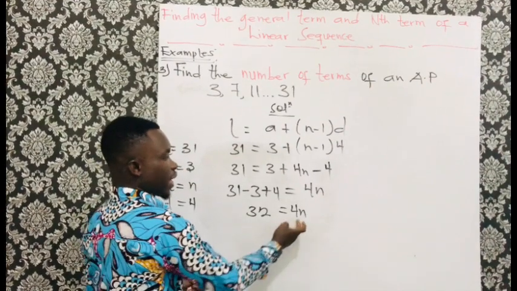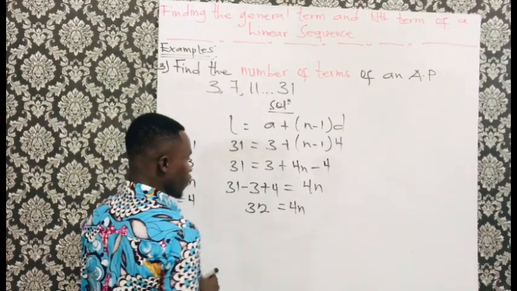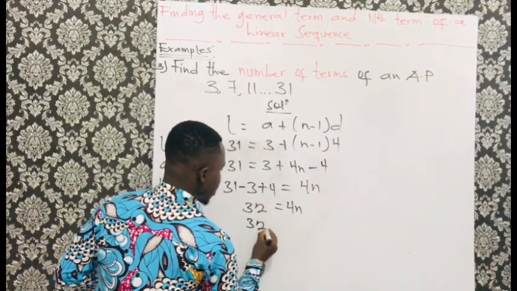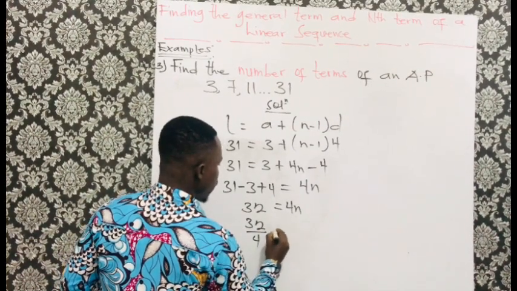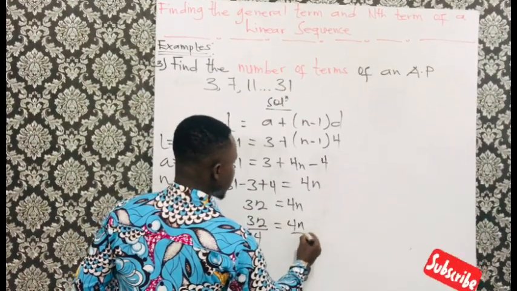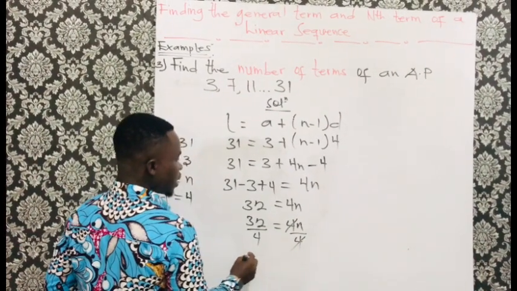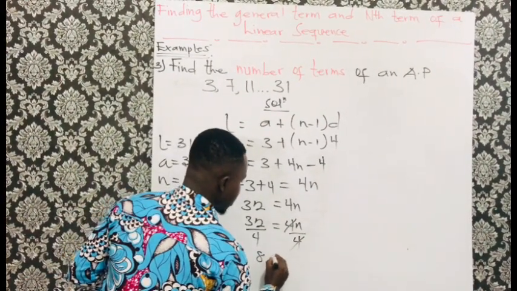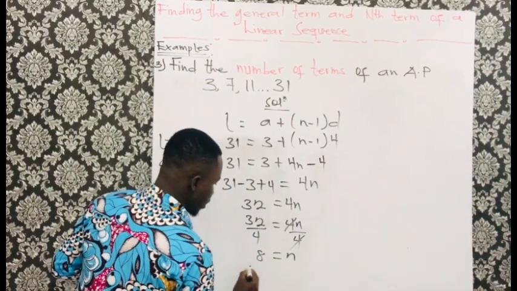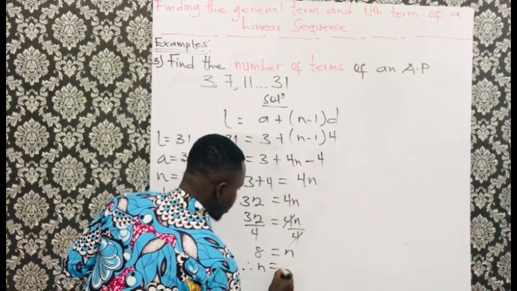Here we are finding n, so we divide both sides by 4. So which will be 32 divided by 4 equal to 4n divided by 4. 4 cancels 4. 32 divided by 4 gives us 8, which is equal to n. Therefore, n equal to 8.